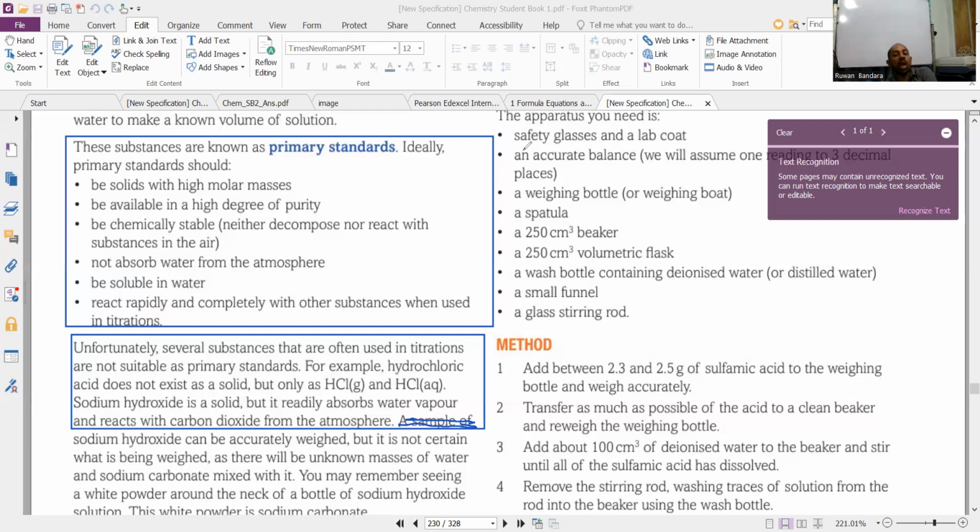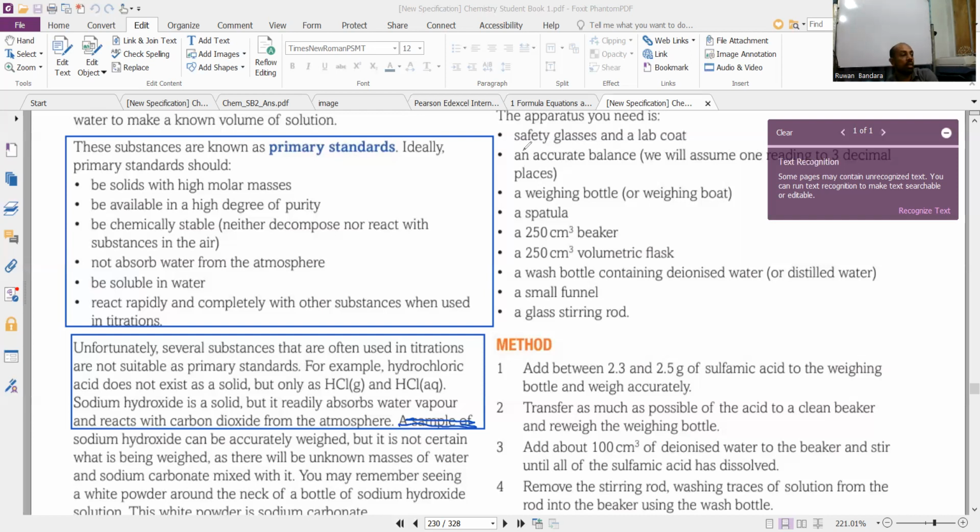As we discussed, sodium hydroxide cannot be used, and also HCl because it's a gas, hydrogen chloride gas. You can't measure the mass. Therefore, hydrogen chloride and sodium hydroxide cannot be used as primary standards.